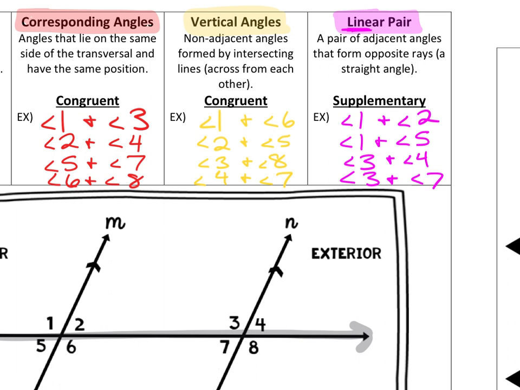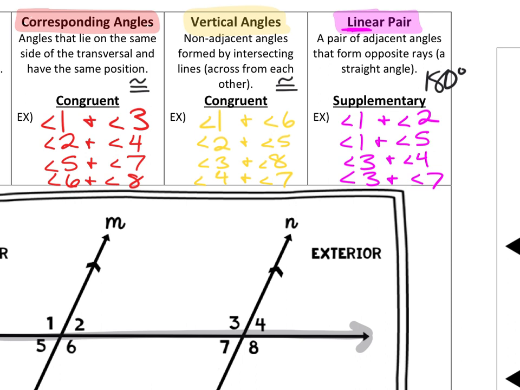If one of them is 80 degrees, the other one is 80 degrees. But our linear pair is called supplementary. Does anyone remember what supplementary means? They add up to a particular number. What number do they add up to? 180. So let's put 180 right here, since obviously we kind of had a little cricket moment right there. Supplementary means 180 degrees. Congruent means the same. So we're going to put the equal sign with the squiggly mark on top of it, because that means congruent. But that helps us remember that they're the same.